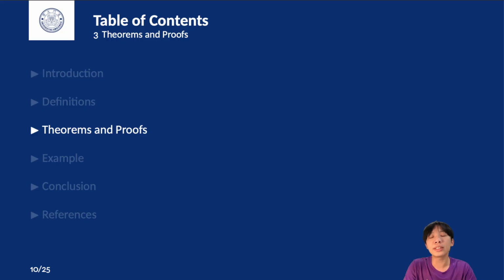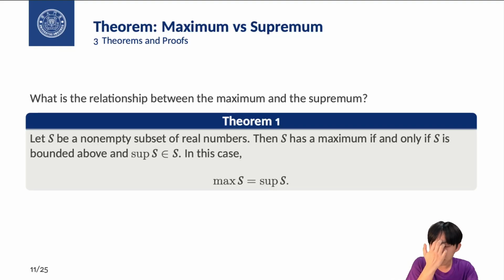We're using the same example. Looking at the open interval (0, 1), it is bounded above, but it does not have a maximum. So, what is the relationship between the maximum and the supremum? The following theorem states that a set has a maximum if and only if it is bounded above and the supremum belongs to the set.